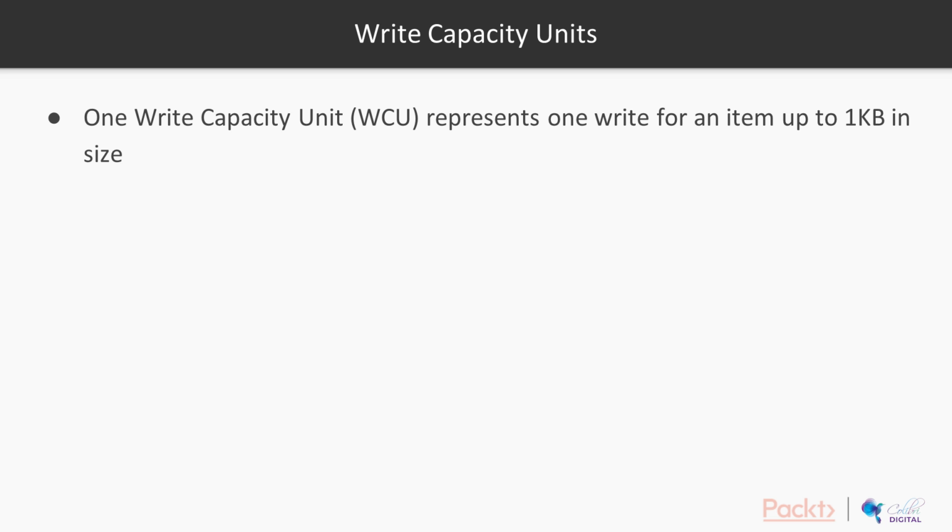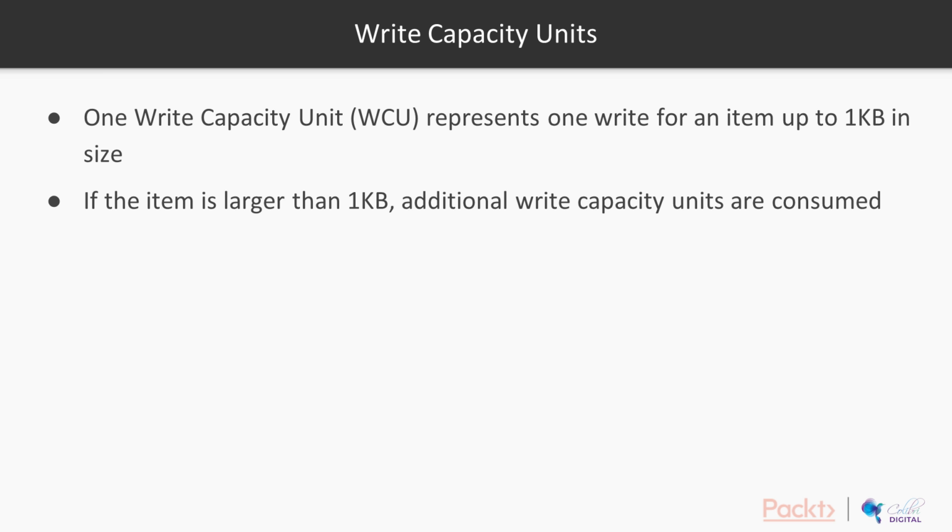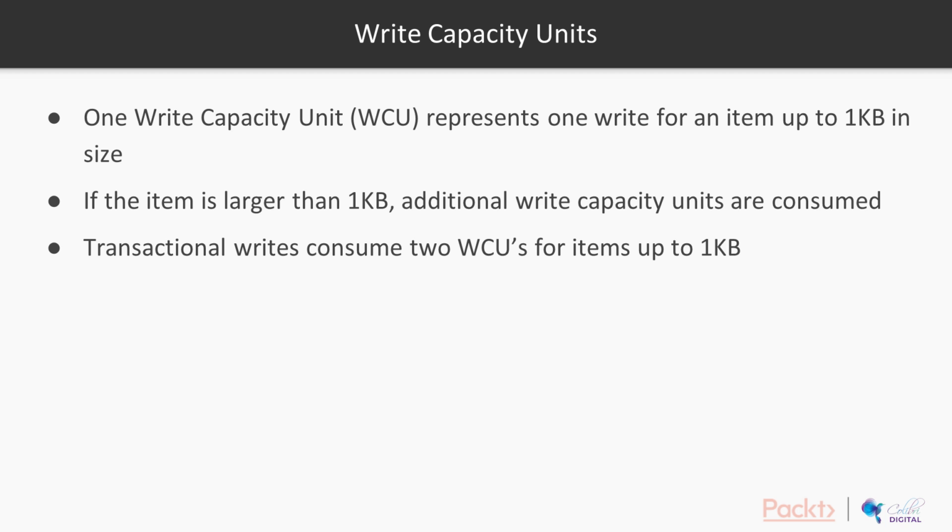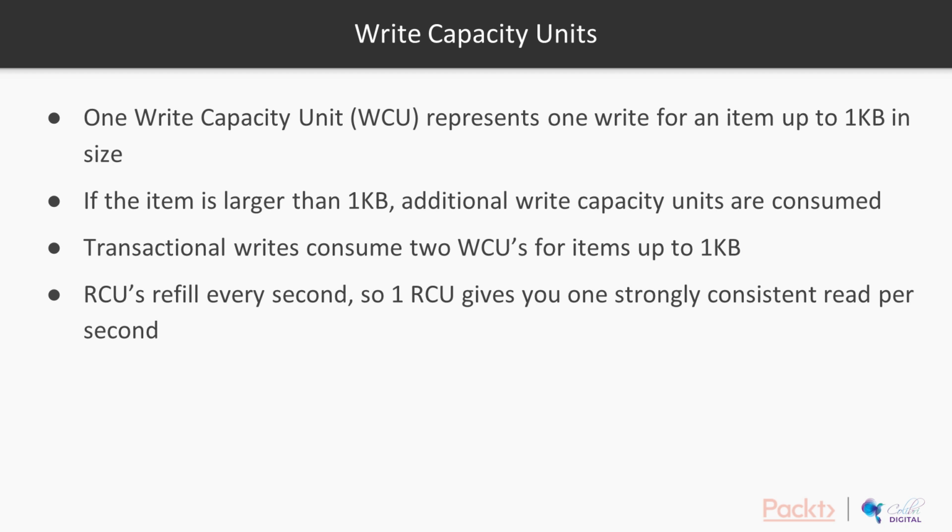Now write capacity units work in a very similar way. One write capacity unit, or WCU, represents one write for an item up to 1 kilobyte in size. If the item is larger than 1 kilobyte, as with RCUs, additional WCUs are consumed. Now transactional writes consume 2 write capacity units for items of up to 1 kilobyte, and again, WCUs, as with RCUs, refill every second.